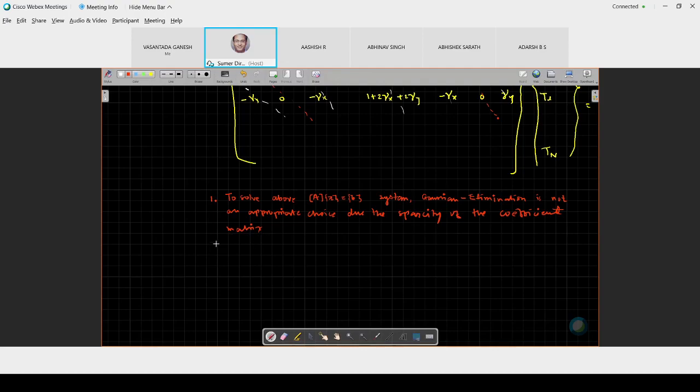And second, direct methods are usually not used in finite volume method, FVM, or any finite difference method or finite element method. So it is not used in these CFD techniques.